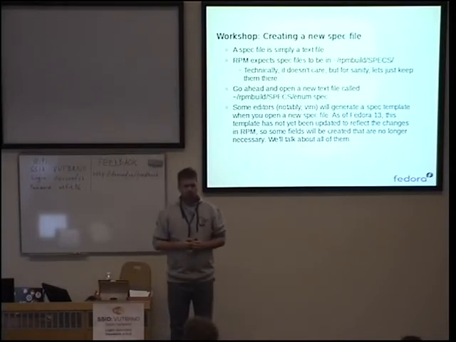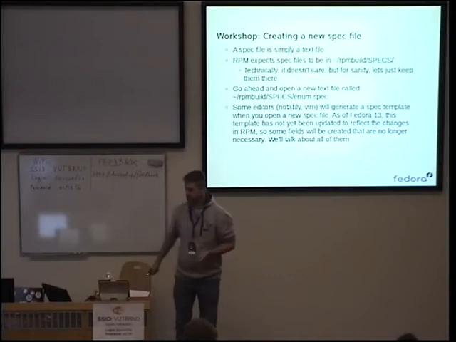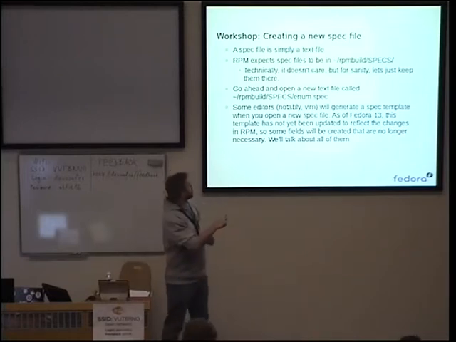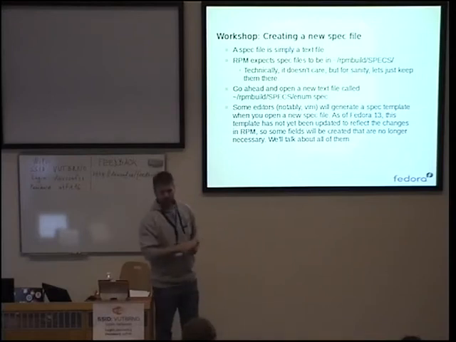Okay, so we will start creating our spec file right now. A spec file is just a normal text file. You can edit it with Vim or Emacs, whatever you use, and we usually put that file into the rpmbuild spec directory.